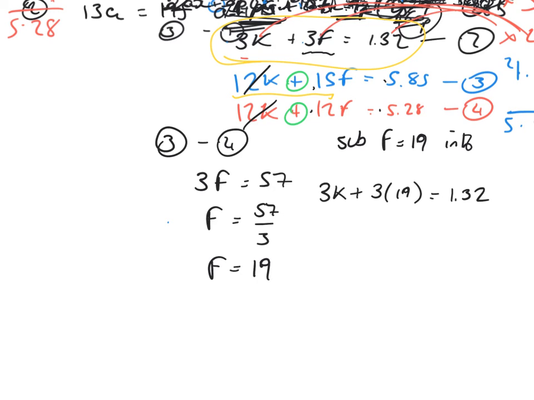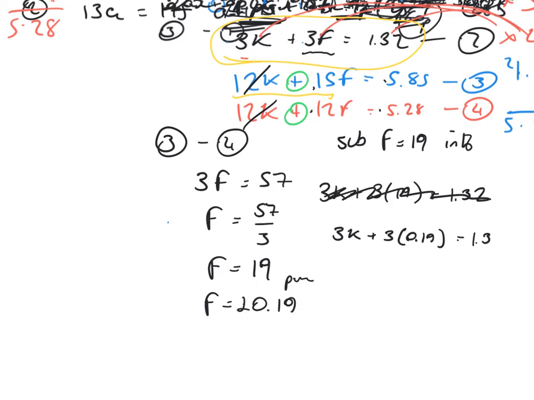Okay, now one wee thing that I'll just need to clear up here is if I'm going to keep things in pounds and pence, then I should change that into pounds. So let's go £0.19, 19 pence. Okay, so it'll be 3k plus 3 lots of 0.19 is equal to £1.32.